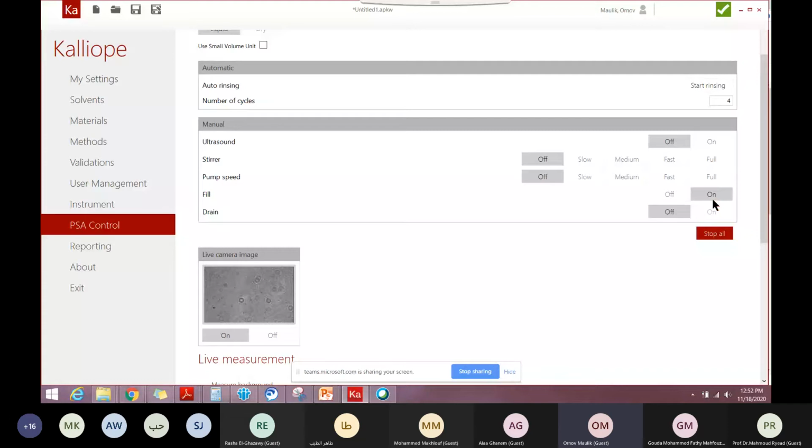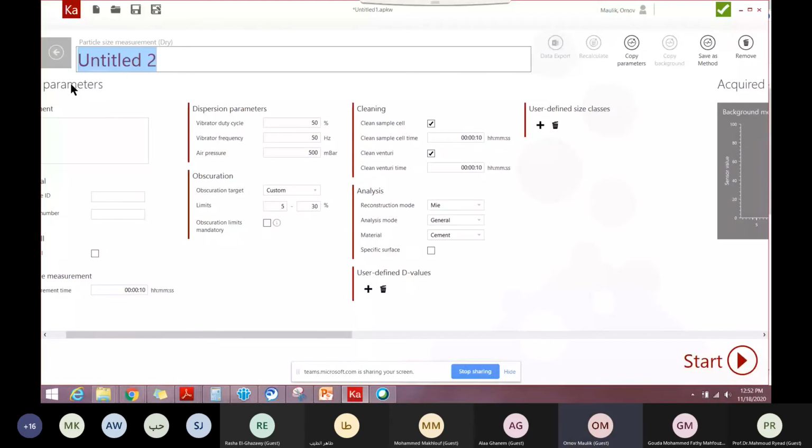Now I'll name it alumina. I'll put the sample onto this vibrator.